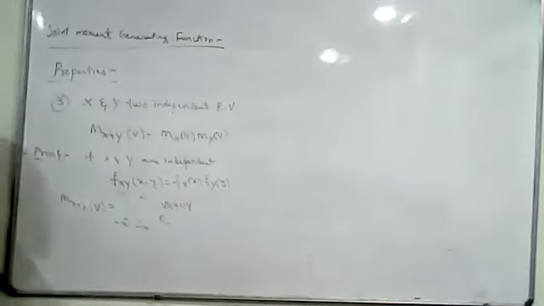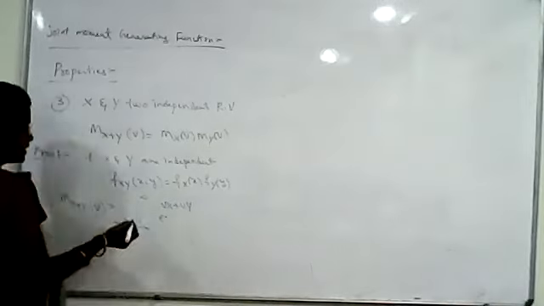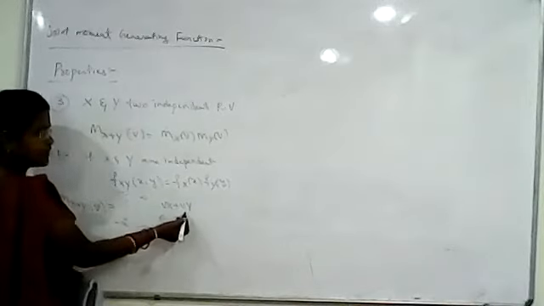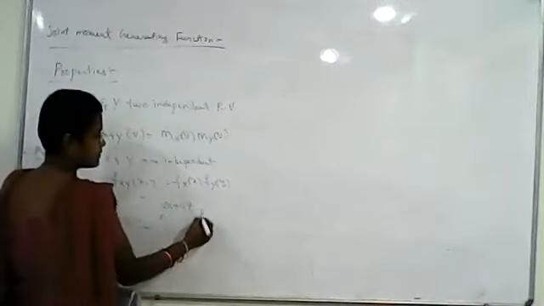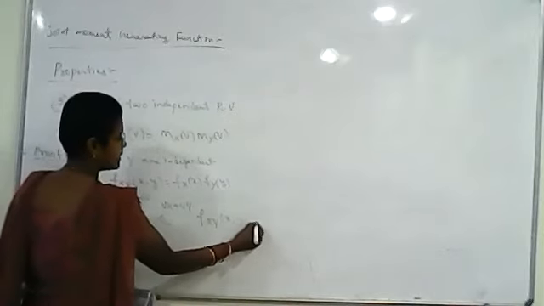In the previous case, random variable x was a function of v1 and random variable y was a function of v2. Here in this case, it is e power v times x plus y, that is e power vx plus vy, fxy of x comma y dx dy.